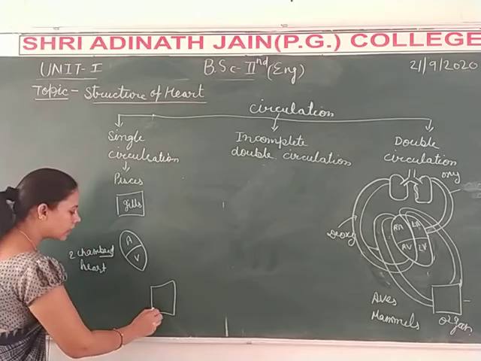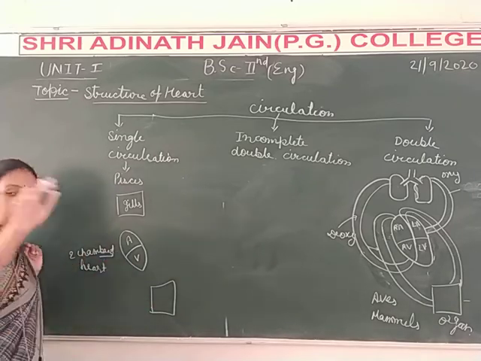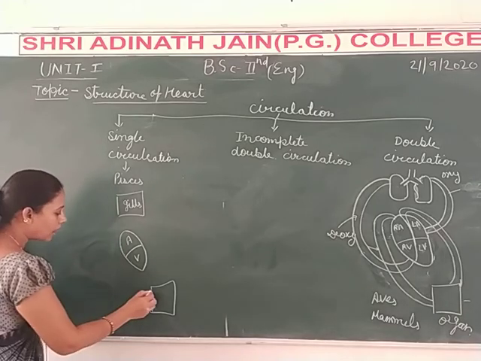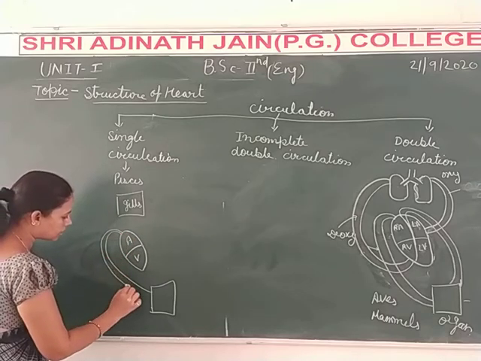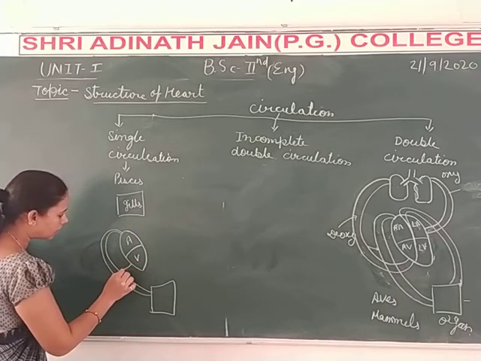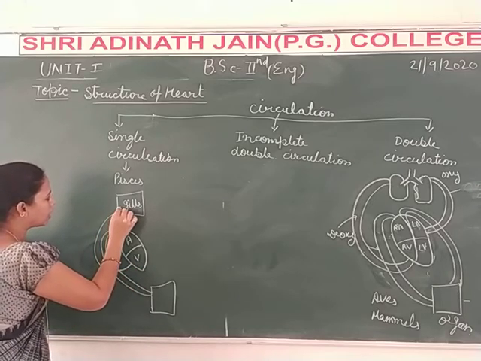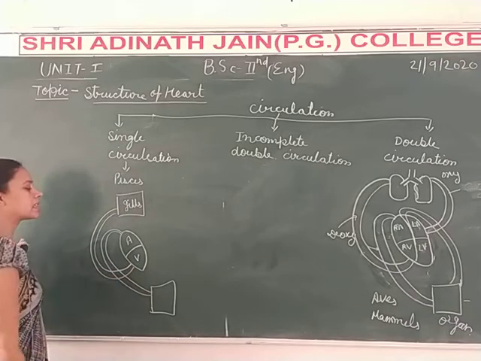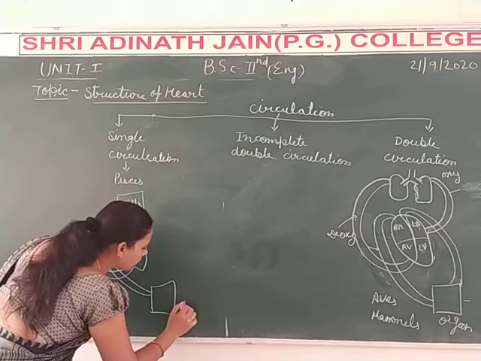So, the deoxygenated blood from the organ is sent firstly to the auricle, and from the auricle this deoxygenated blood is sent to the gills area. This is the organ.